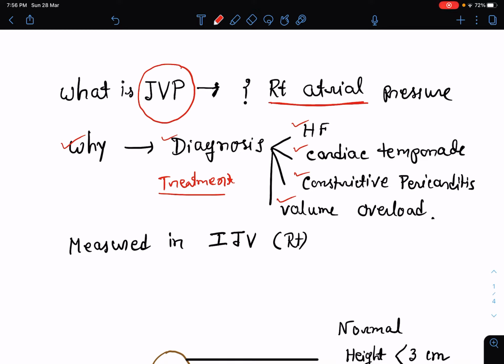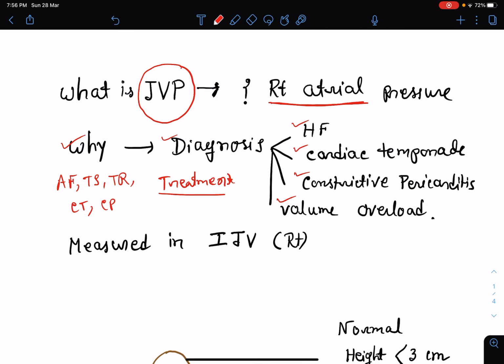Now, there is something known as JVP waveforms, which I am going to come to later. From the various characteristics of the waveform also we can diagnose certain diseases, for example, atrial fibrillation, tricuspid stenosis, tricuspid regurgitation, and again cardiac tamponade and constrictive pericarditis.